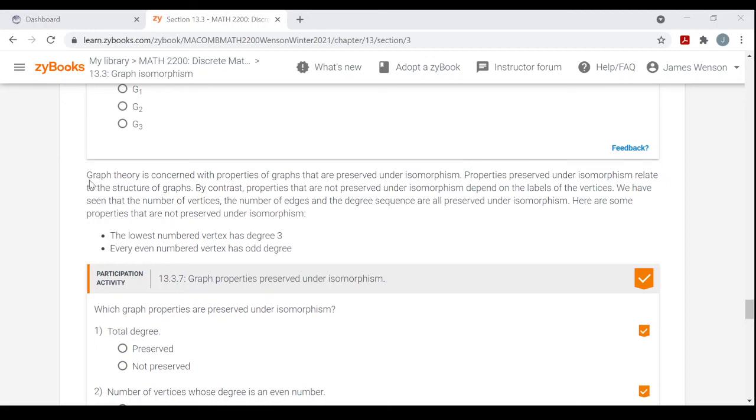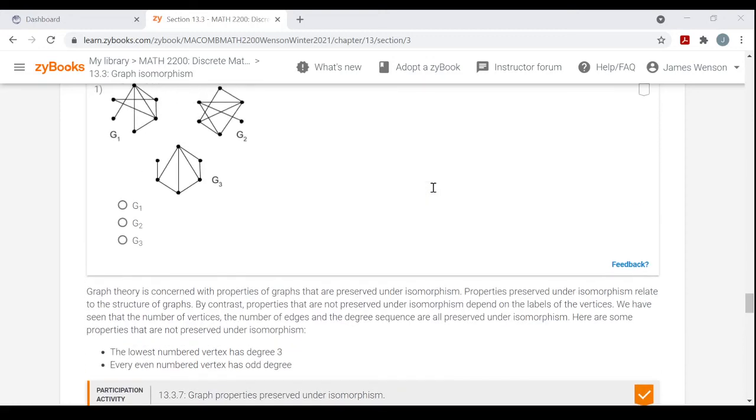All right, and then graph theory. What we covered in these first 3 sections of this chapter, 13.1, 2, and 3, is that we're basically being introduced to a field of mathematics called graph theory. Graph theory is concerned with properties of graphs that are preserved under isomorphism. So we saw degree is preserved, right?